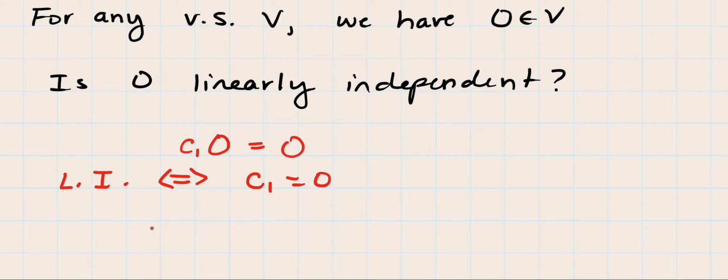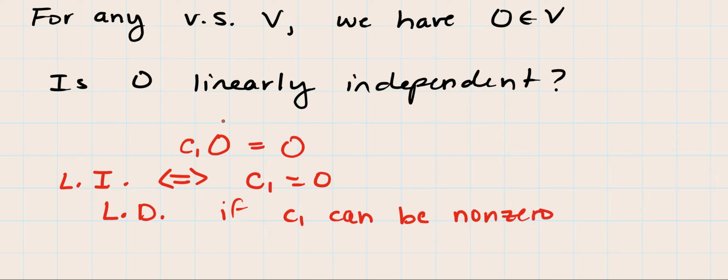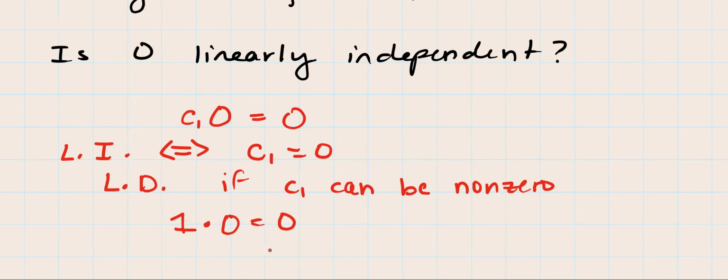Well, it's linearly dependent if C1 can be non-zero. Obviously, you could put 1 here. You could say 1 times 0 is equal to 0. In fact, any scalar times the 0 vector is going to give you the 0 vector.